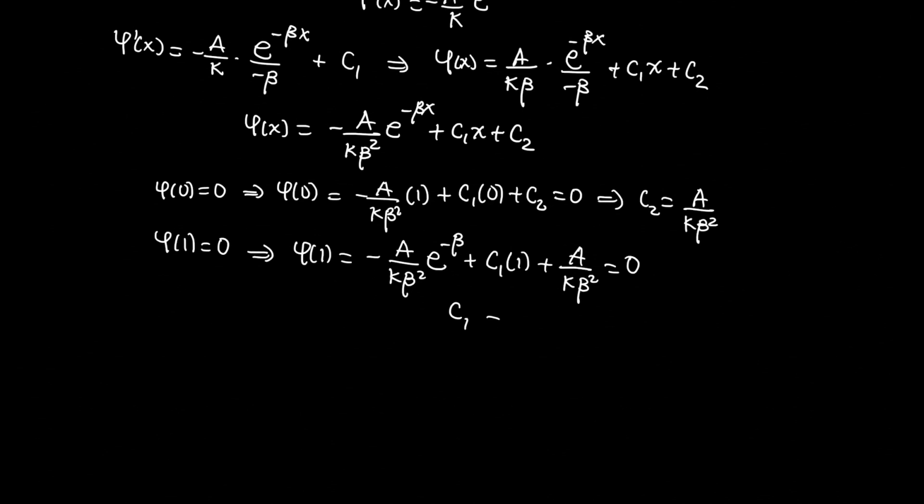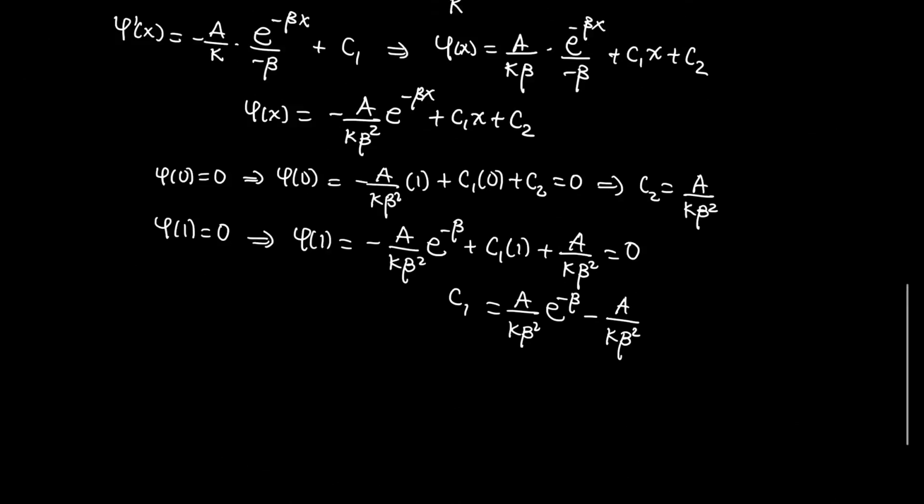Isolate c1: c1 equals a over k beta squared e to the minus beta, and then minus a over k beta squared.